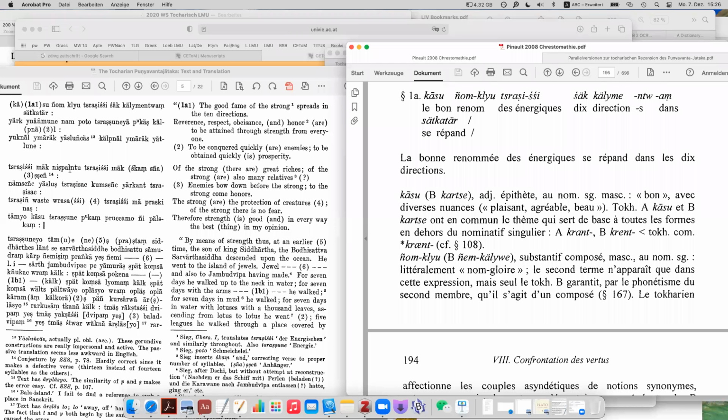So nishpantur is the plural of nishpar. Nishpar means property and riches. And mak means a lot, many. And then for the strong one, there are a lot of, shkan means end. So shnashen means relatives or people belonging to himself. Okay.